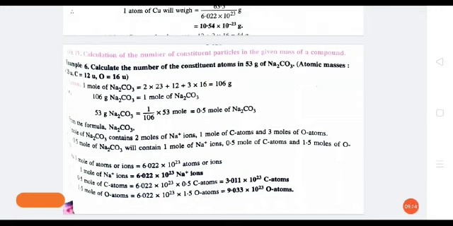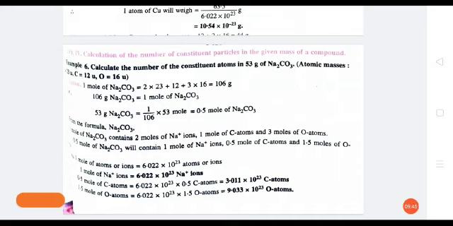Okay, from the formula Na2CO3, 1 mole of Na2CO3 contains 2 mole of Na plus ions, 1 mole of C atoms and 3 mole of O atoms. So 0.5 mole of Na2CO3 will contain 1 mole of Na plus ions, just half, 0.5 mole of C atoms and 1.5 moles of O atoms.